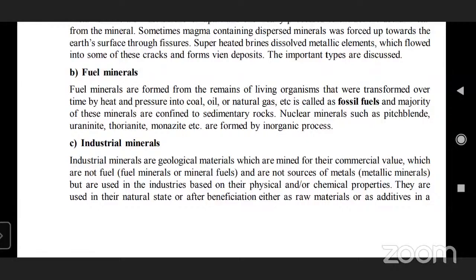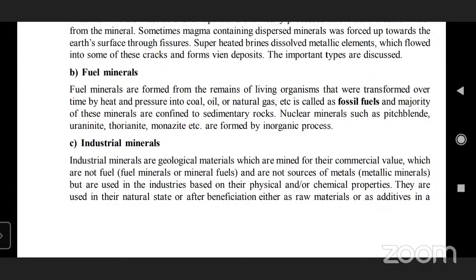So these are not fuel and not a source of metals, but are used in the industries based on their physical and chemical properties. They are used in their natural state or after beneficiation, either as raw materials or as additives.